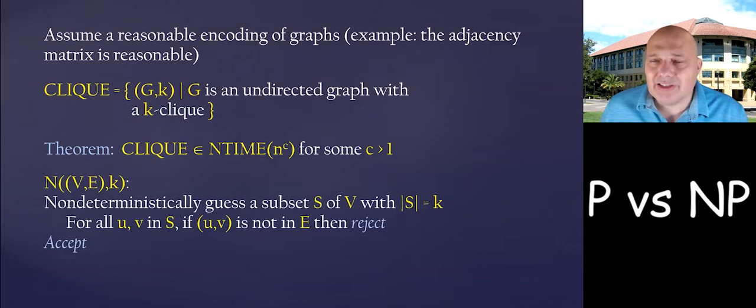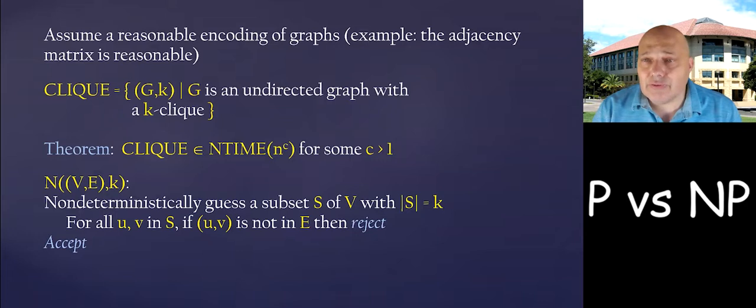So what would this machine do? N on input G, which is a pair V, E, where V is the vertices and E are the edges, and K: non-deterministically guesses a subset S of V with K nodes, so the size of S is K. So it guesses the clique, and then it verifies it. For all U and V in this S, which we guess to be a clique, we check if U, V is an edge in E. Otherwise, we reject.